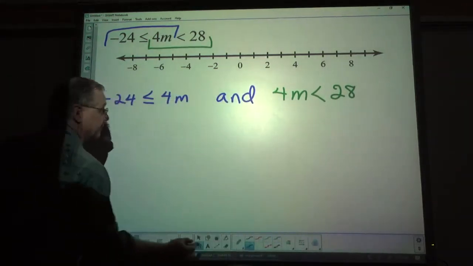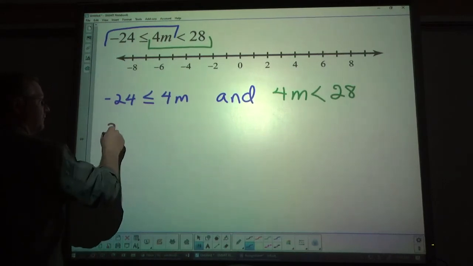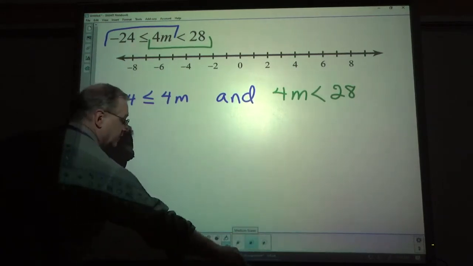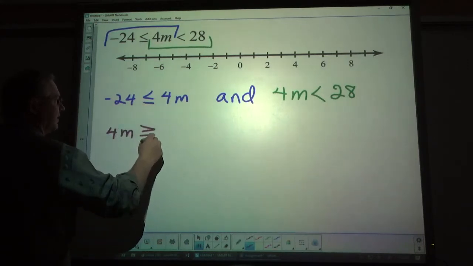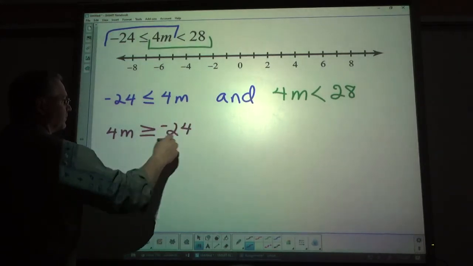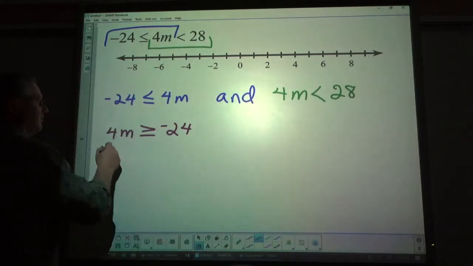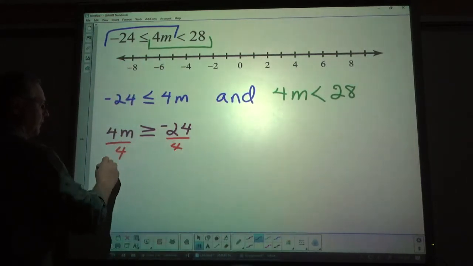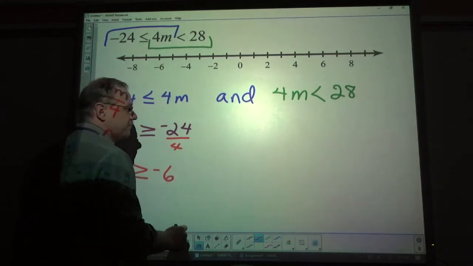Now when I solve this, I can switch it around first if you like. 4m, have to change the direction of the inequality, negative 24, so greater than or equal to negative 24. And then I can go ahead and solve it by dividing by 4. M is greater than or equal to negative 6.